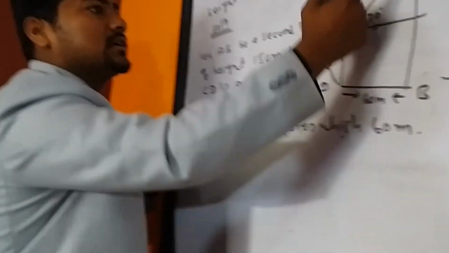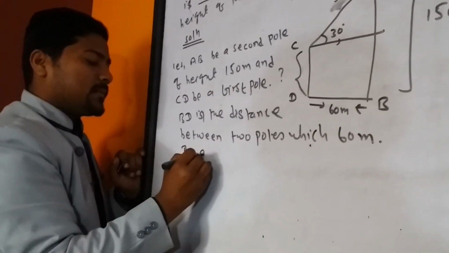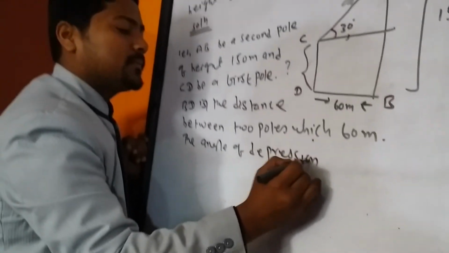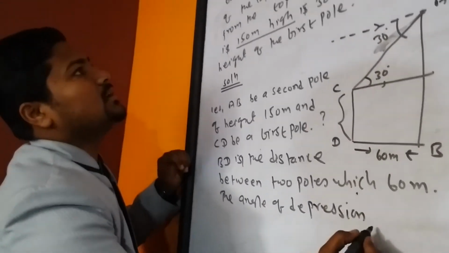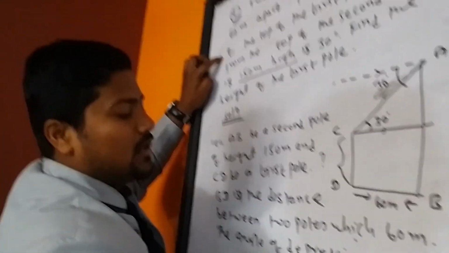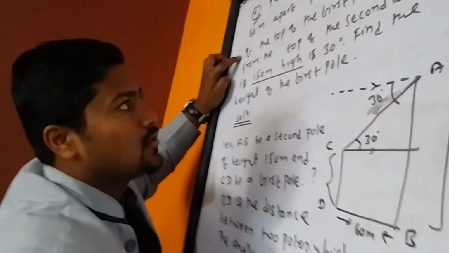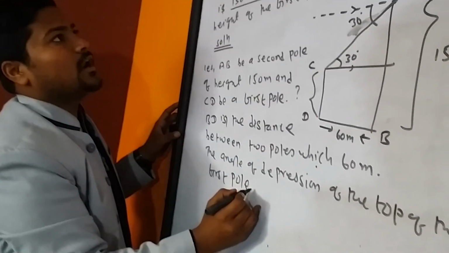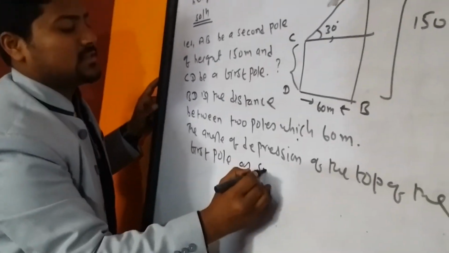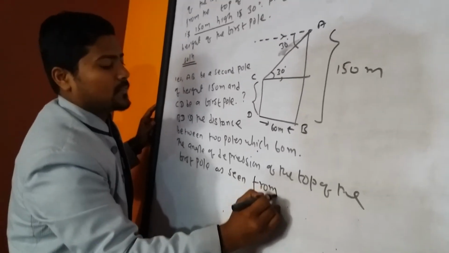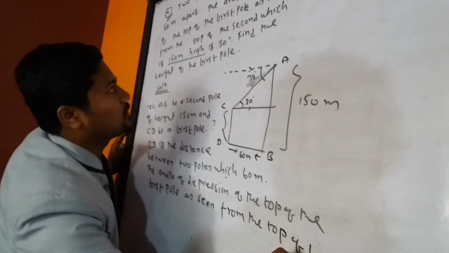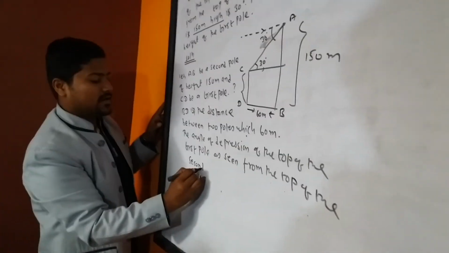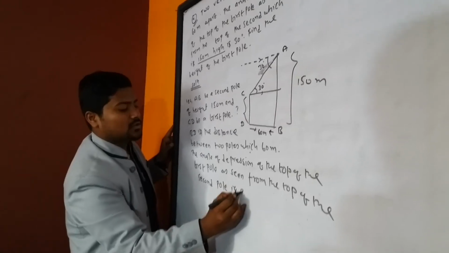We can write: the angle of depression of the top of the first pole, seen from the top of the second pole, is 30 degrees.